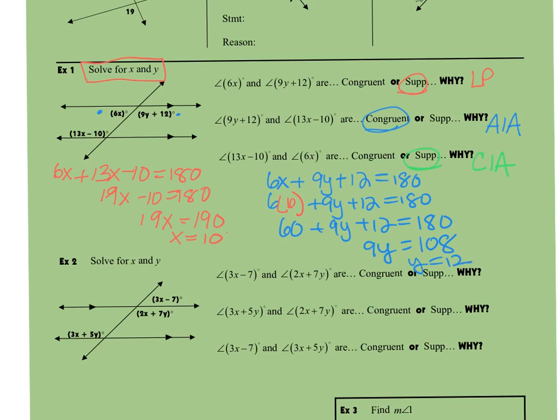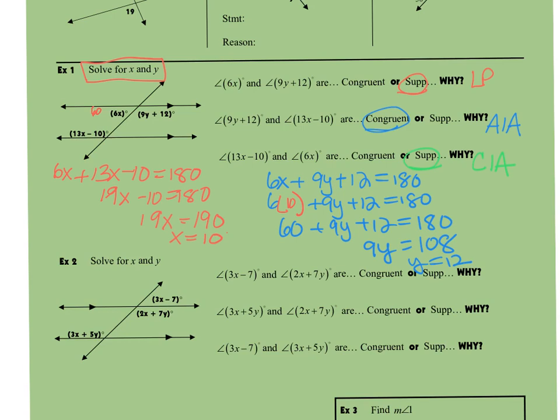We could always go back and check to make sure that this is true. So if we use this, that x is equal to 10, 6 times 10 would make this 60 here.